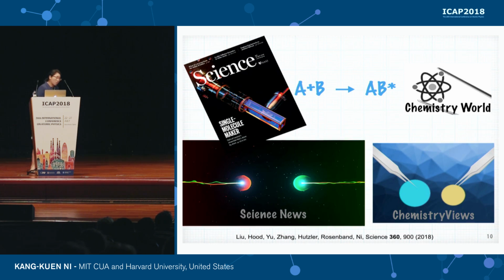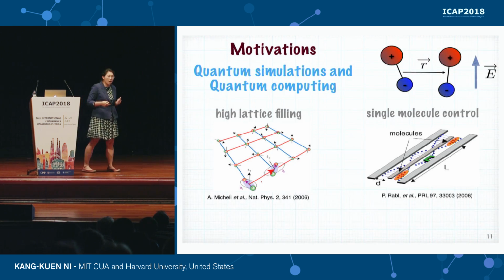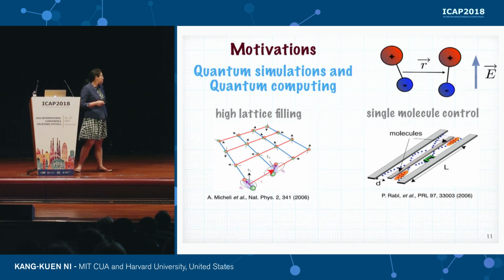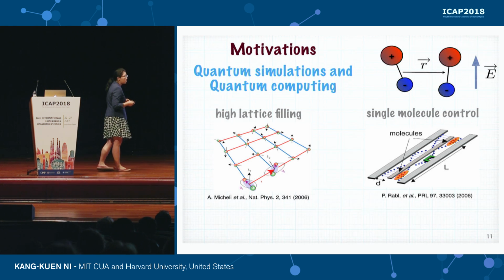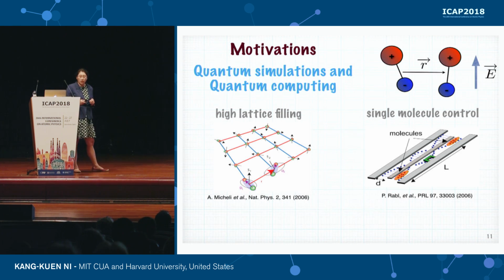Okay, so our work, actually, I want to go back to talk about motivation. Our work was originally motivated by aiming for application to quantum simulation and quantum computing with polar molecules. As already discussed in Ed Hinds and John Doyle's talks earlier in the conference, this has long been recognized in the field.